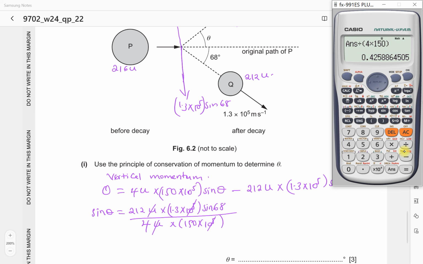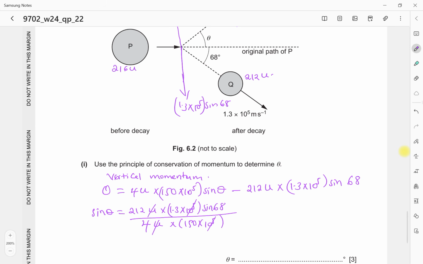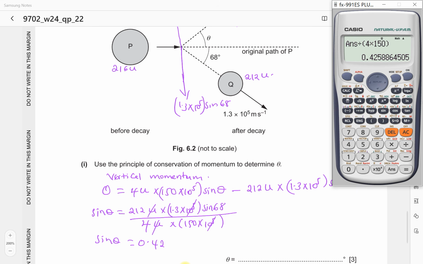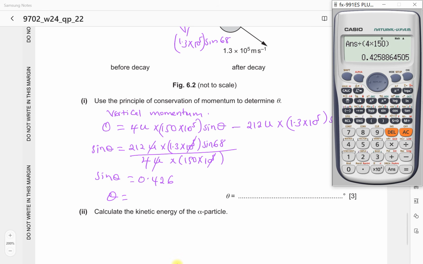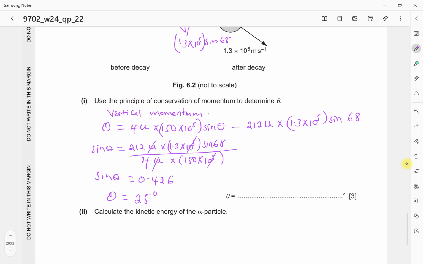So sine theta is 0.426. Then theta is going to be the sine inverse, shift sine of the answer, 25. So theta is going to be 25 degrees.